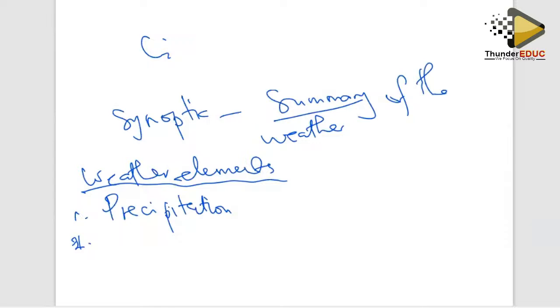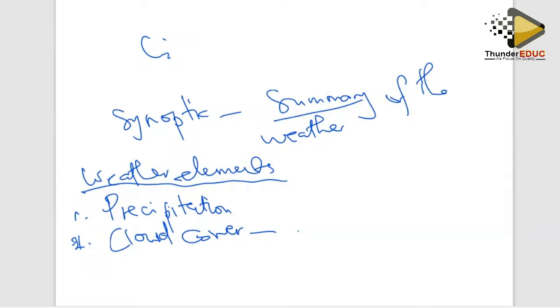a weather element like cloud cover. It summarizes also on cloud cover. And on cloud cover here, it gives us a summary of the percentage or the fraction of the atmosphere which is covered by the clouds.